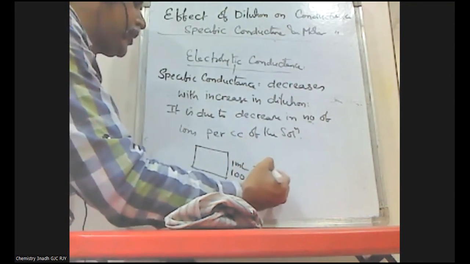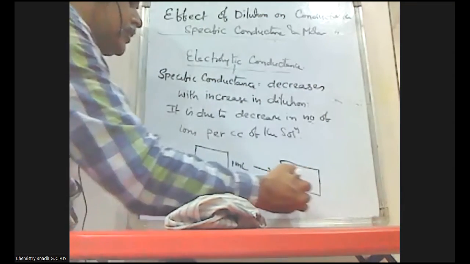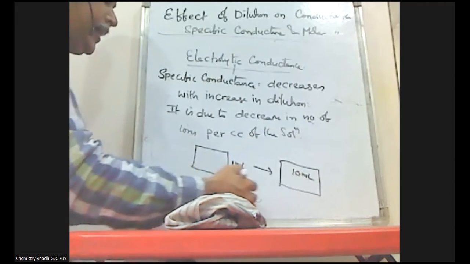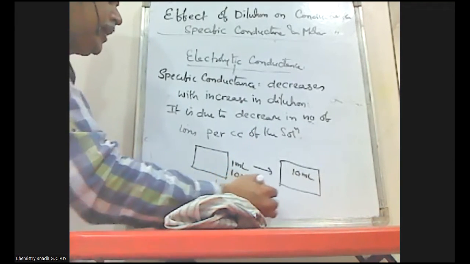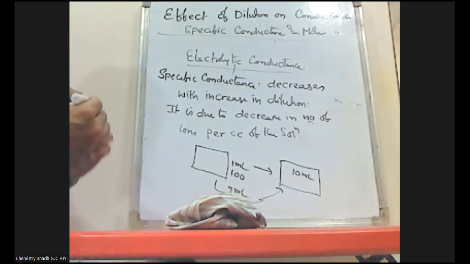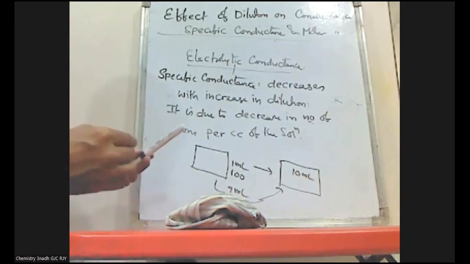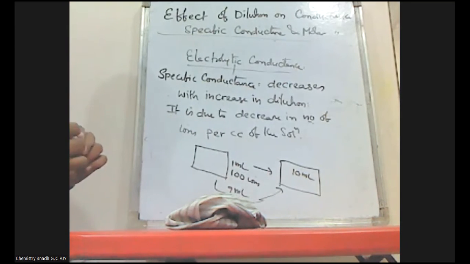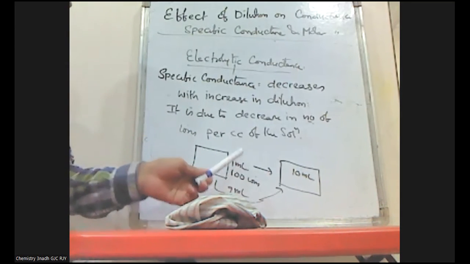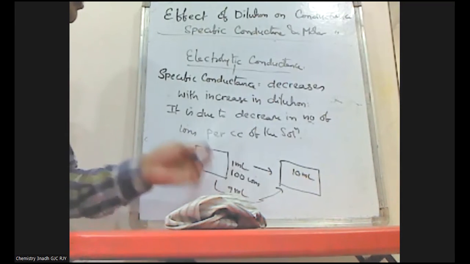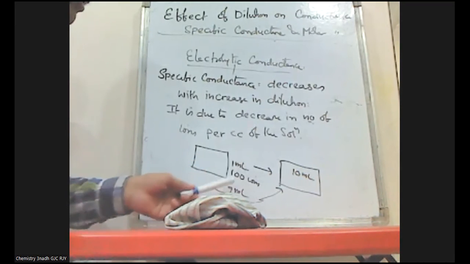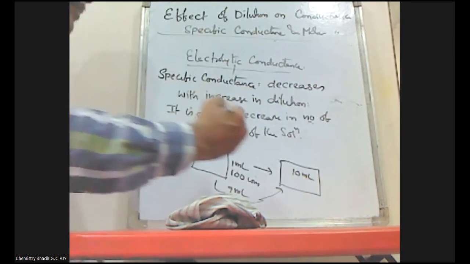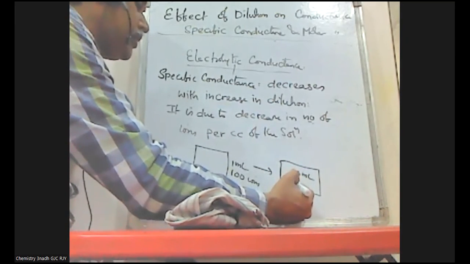If I dilute it to 10 ml by adding 9 ml of water, then due to dilution the number of ions increases to, let us suppose, some 500.